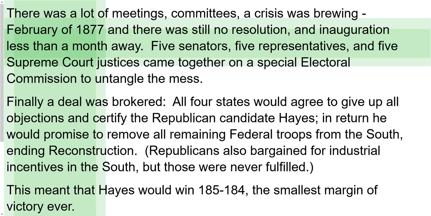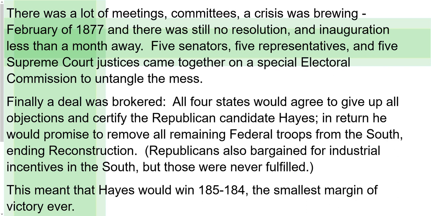Eventually, they decide to settle this. Five senators, five representatives, five Supreme Court justices. So like all three major bodies come together. Only the executive branch stays out of this one. And they all come together in a special electoral commission to untangle this mess.